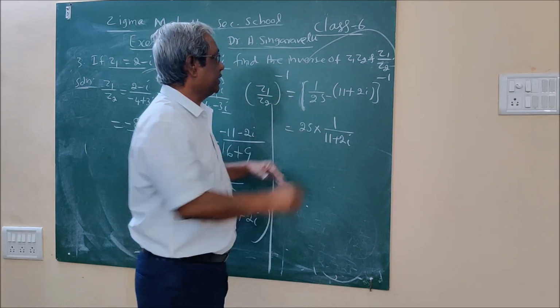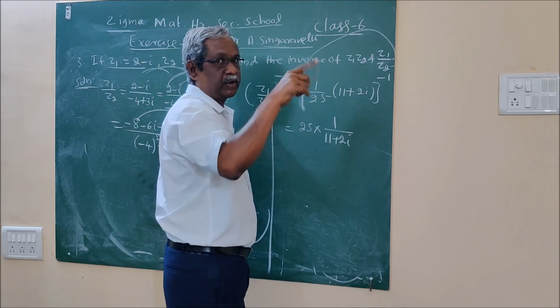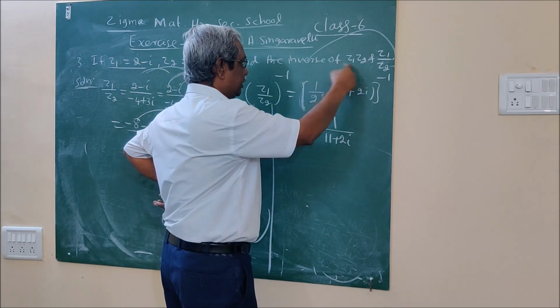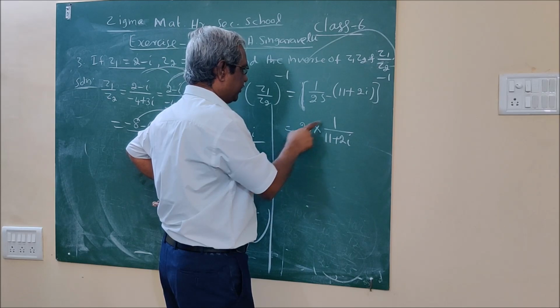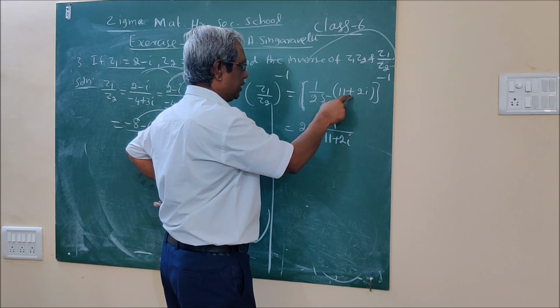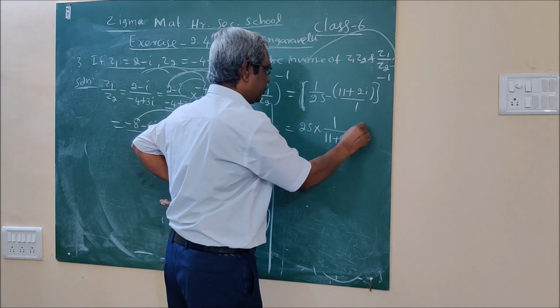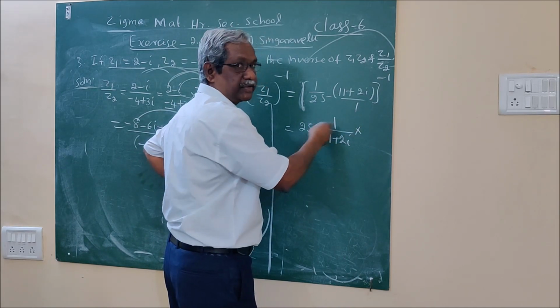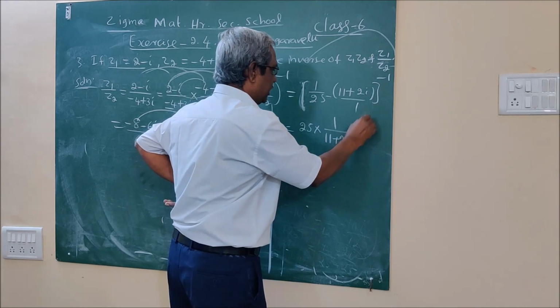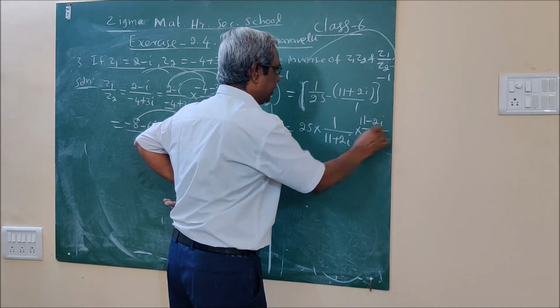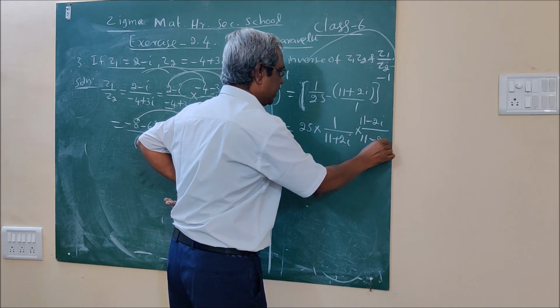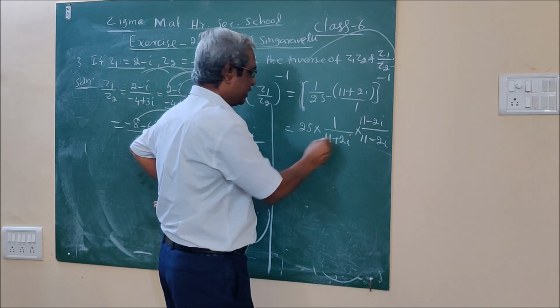The inverse, just like x power minus 1 is 1 by x. So the inverse of this is 25 into 1 by 11 plus 2i. So you find the conjugate, simplify this: 11 minus 2i divided by 11 minus 2i. Multiply and divide this complex number by this.